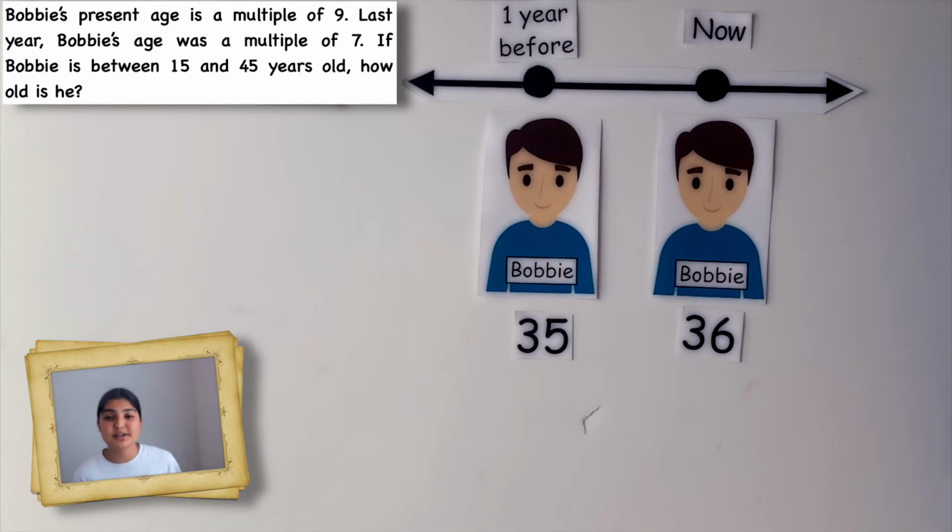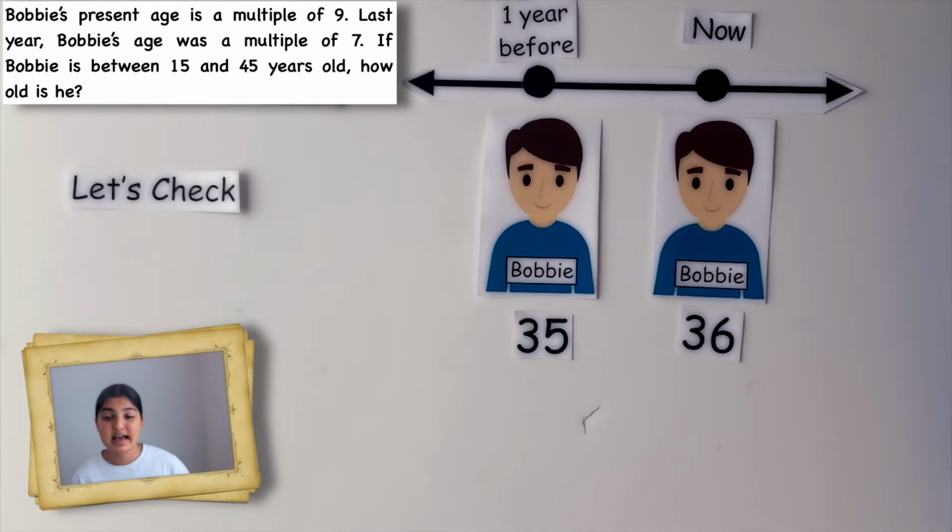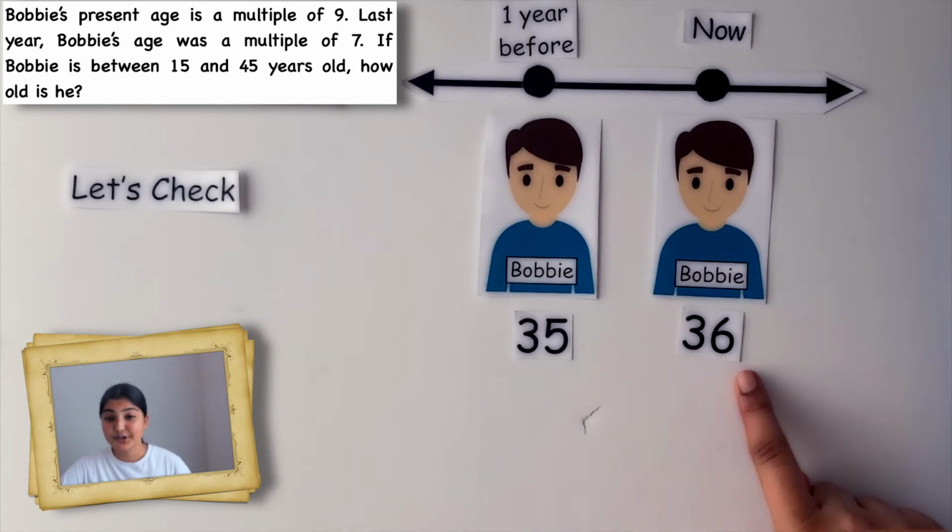But just to be sure, let's check our work. And to do that, let's make sure that our answer fits the criteria given to us in the problem. The problem tells us that Bobbie's age now is a multiple of 9 between 15 and 45. 36 is a multiple of 9 between that range.